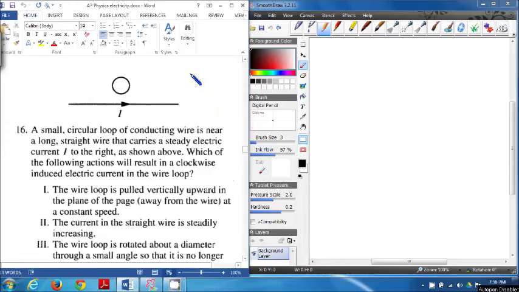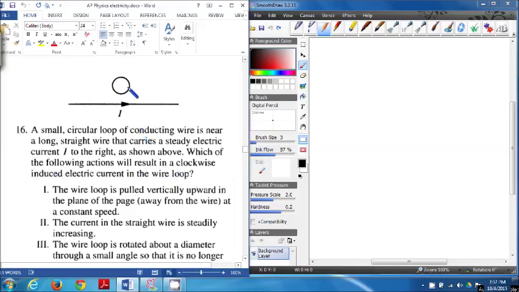Problem 16. A small circular loop of conducting wire is near a long straight wire that carries a steady electric current I to the right, as shown above. Which of the following actions will result in a clockwise induced electric current in the wire loop?